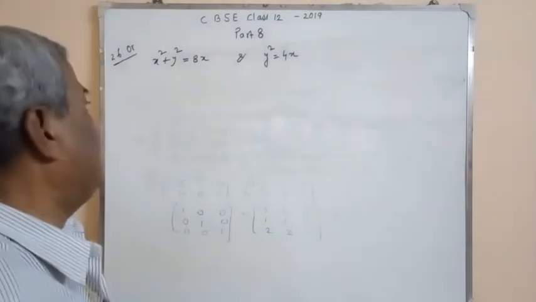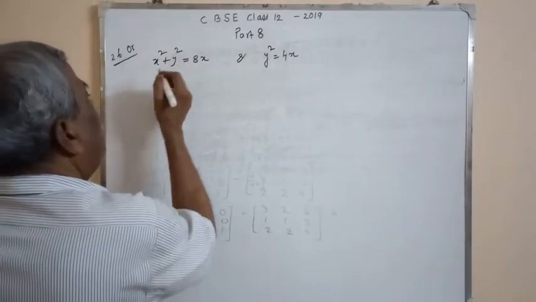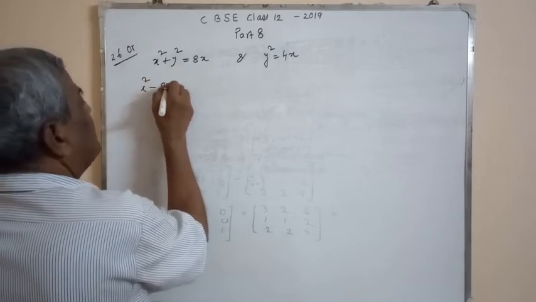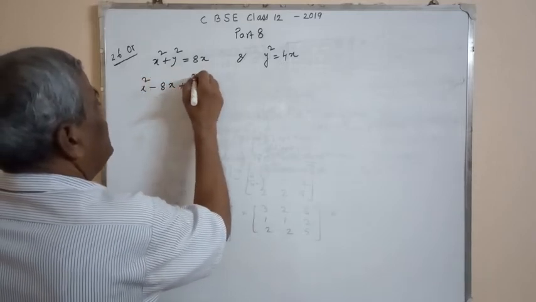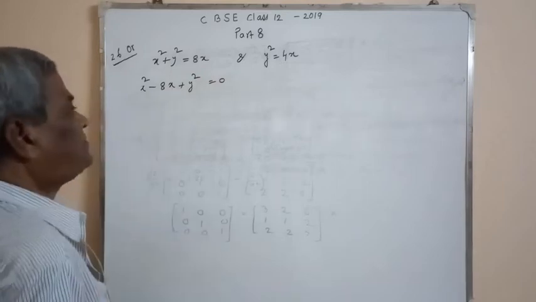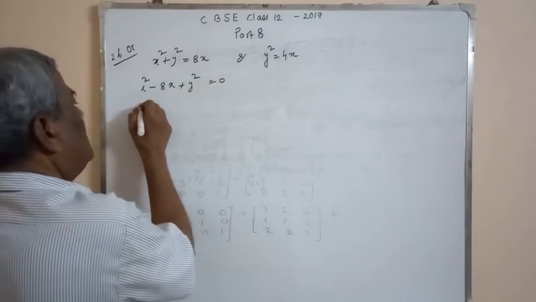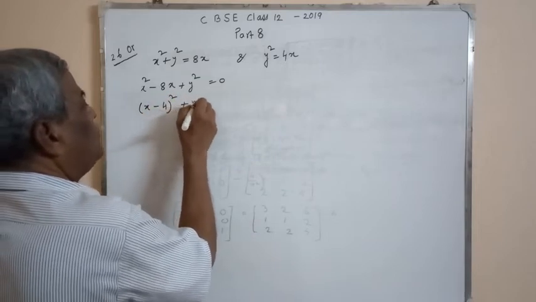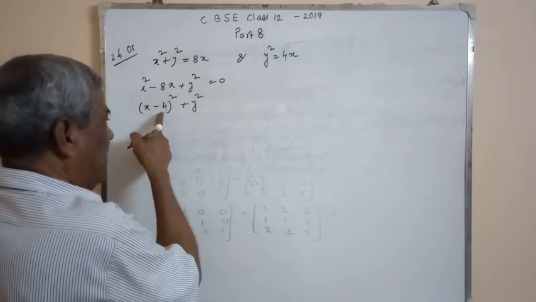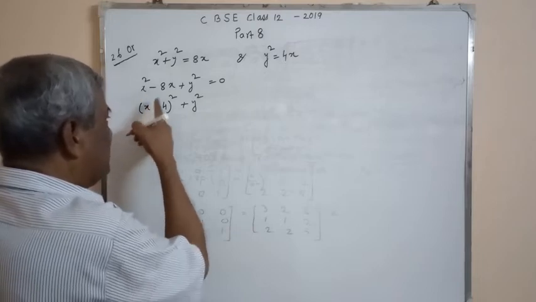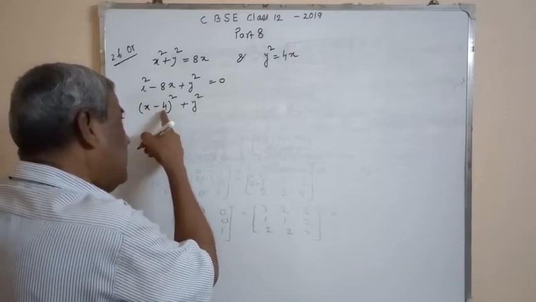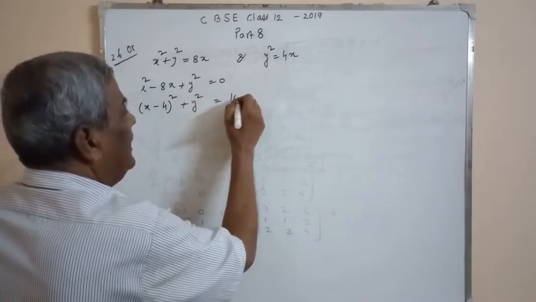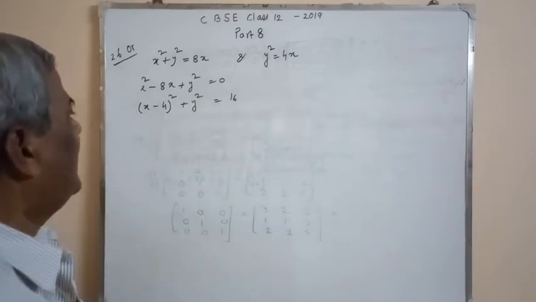First of all, we have to draw it. This circle is actually x square minus 8x plus y square is equal to 0. That is x minus 4 whole square plus y square is equal to 4 square, with x square minus 8x plus 16 taken here.